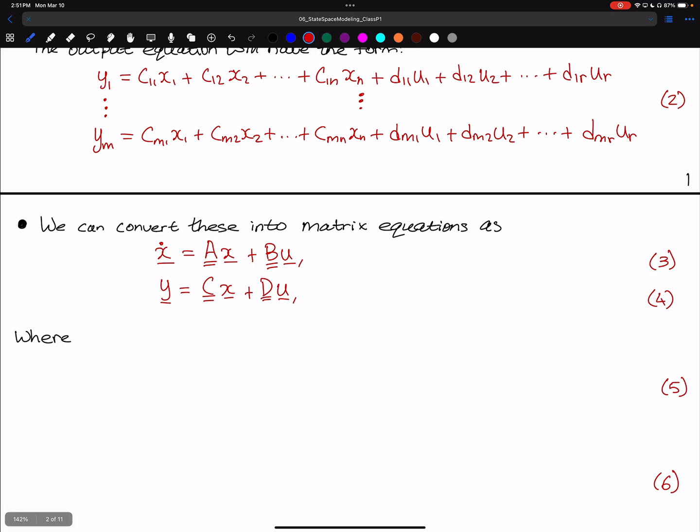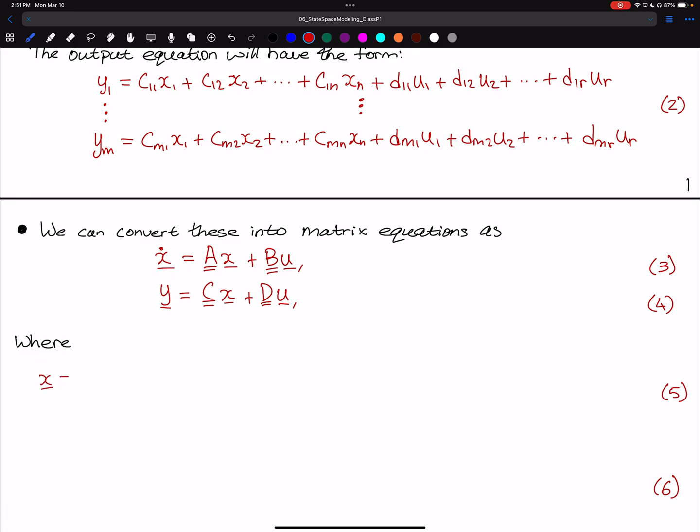And then here, the state variable x is going to be a vector of x1, x2, dot dot dot, up to xn. So it's an n by 1 matrix, or in this case, just a vector. The matrix big A is going to be the collection of all those little a's. So we'll get A11, A12, A21, A22. Then I'm going to fill this up with dots.